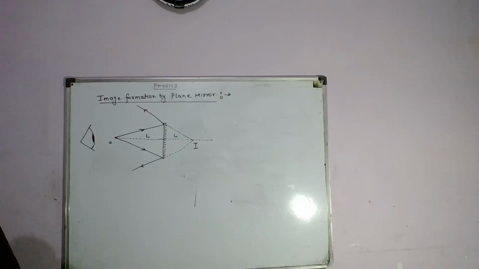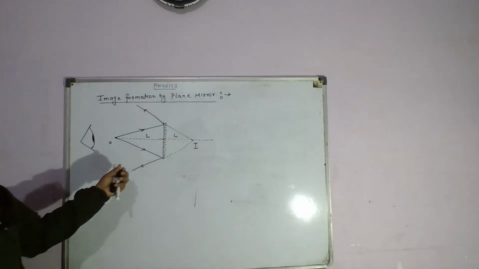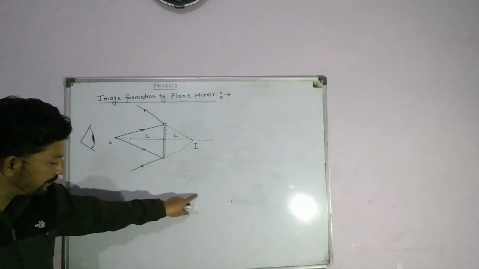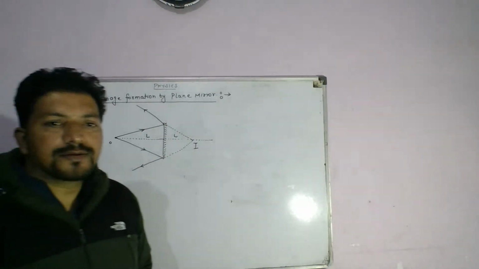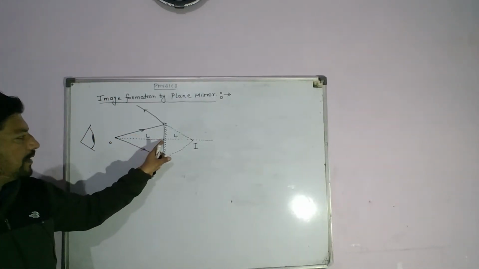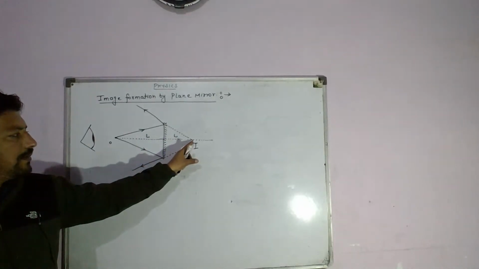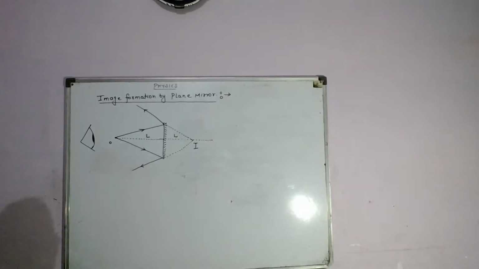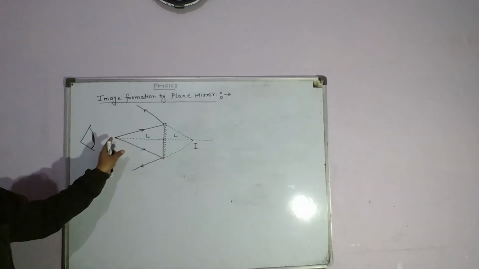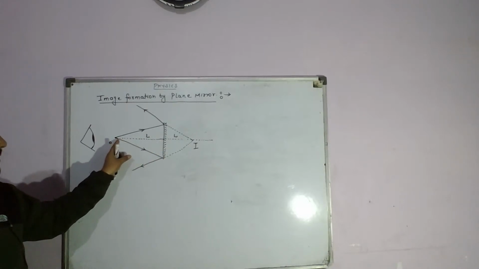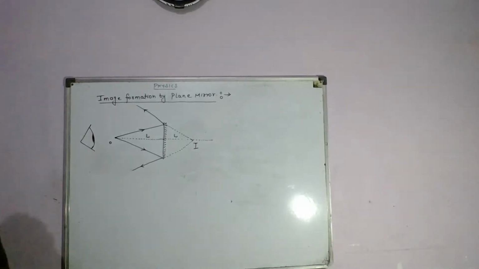How to prove that these distances are equal? Just remember, if this is the distance from the plane mirror, the same distance is inside the plane mirror, but you do not see the image inside the plane mirror. This is your imaginary image, and the object distance from the mirror is the same distance on the other side.